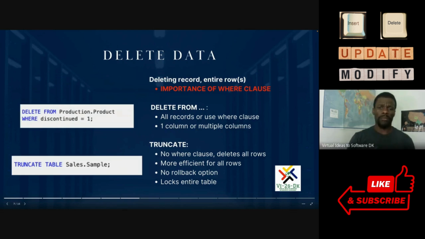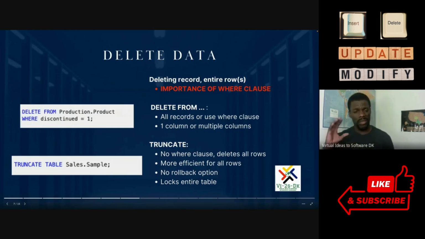All right. It's important to note that there is an alternative for deleting everything in your table. If you need to delete everything from the table, the better way of doing that is using a truncate clause. In a truncate clause, the where clause is not accepted, so everything gets wiped out. It deletes all the rows. It's more efficient than using a delete from.